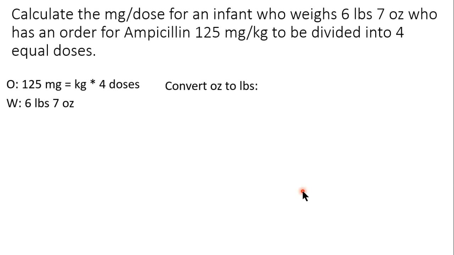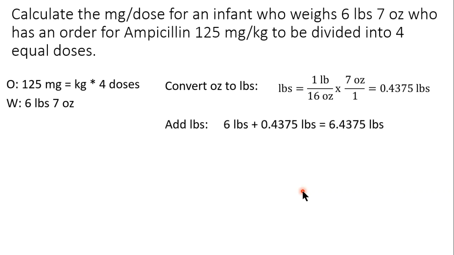So we would write pounds equals, and our conversion factor, which is 1 pound over 16 ounces times 7 ounces over 1. The ounces cancel out, and we divide 7 over 16, which gives us 0.4375 pounds. Now, to that, we add the other 6 pounds, so the total weight of the patient is 6.4375 pounds.